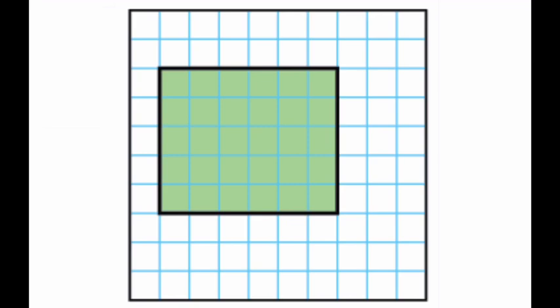Let's count the length. 1, 2, 3, 4, 5, 6. Yes, and the width of 5 units. Let's count the width. 1, 2, 3, 4, 5. If the length of this rectangle increased by 2 units, what would be the new area?